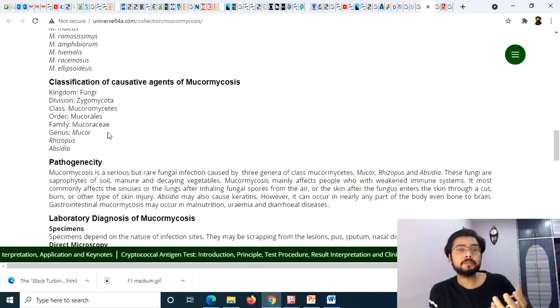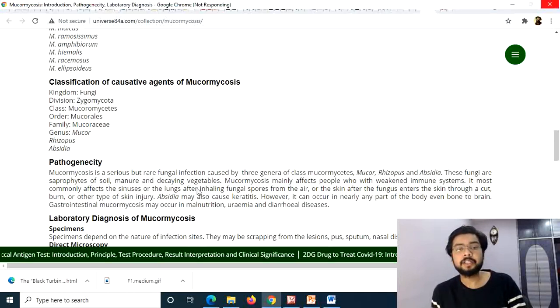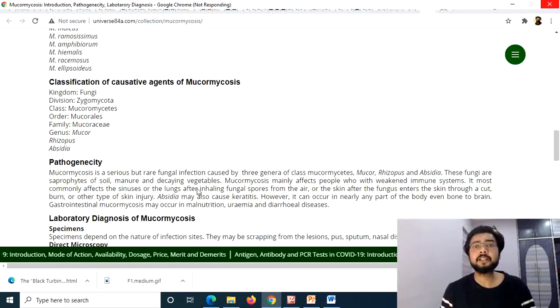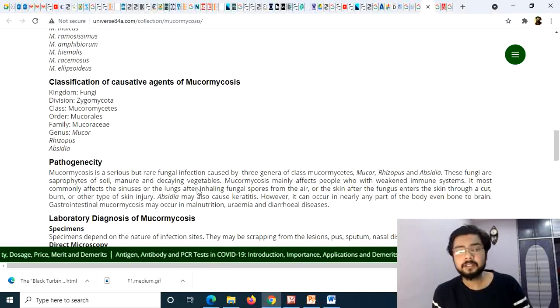If you ask me which one is the most common among the 3, Rhizopus is the most common. These fungi are saprophytes of soil, manure and decaying vegetables, and that is why it is advised to keep patients away from these decaying materials, so that they don't get these fungi.